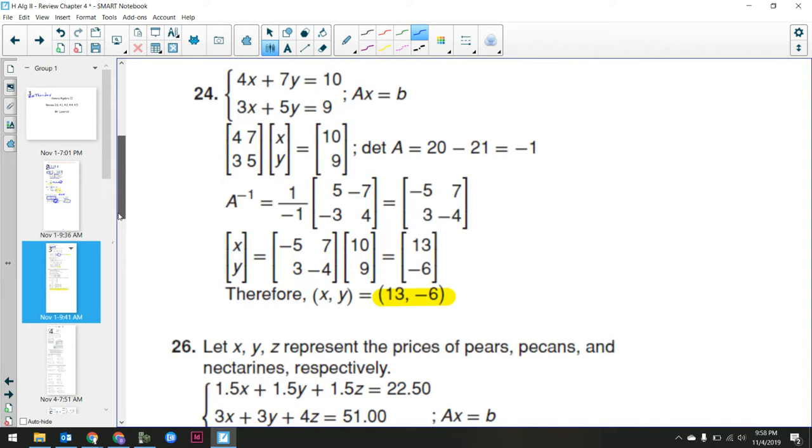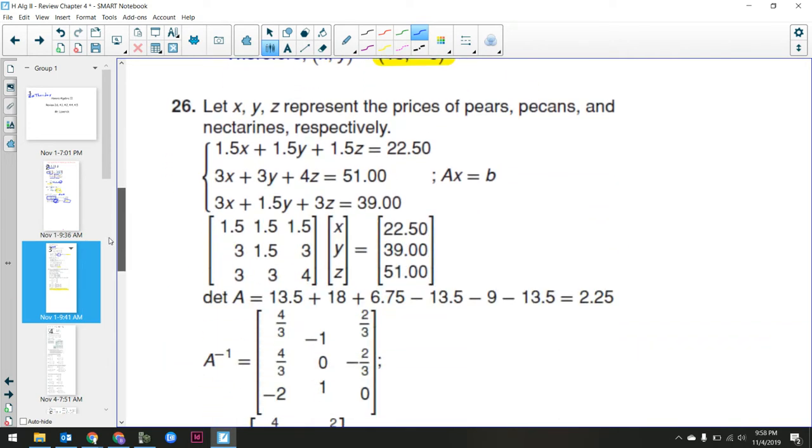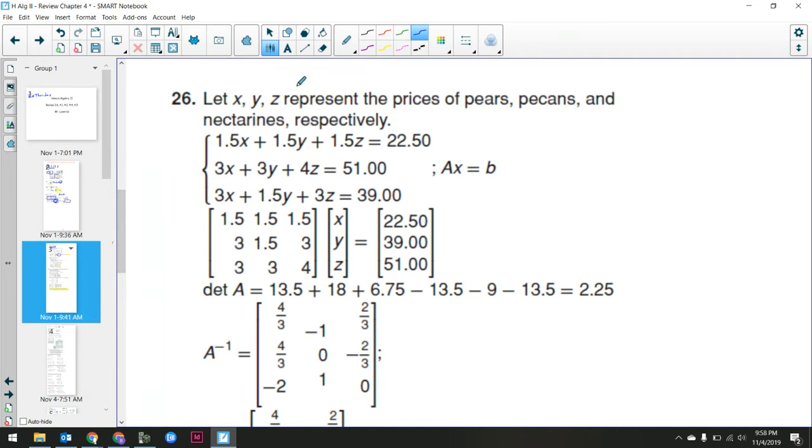Here's 24. Okay. Here's my matrix equation, my solution, 13, -6. Okay, number 26, the word problem here. Let X, Y, and Z represent the pears, pecans, and nectarines, respectively.